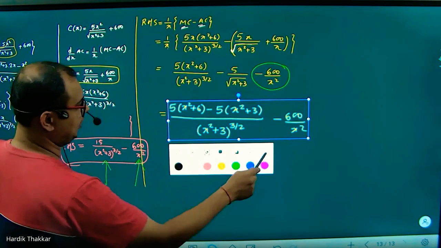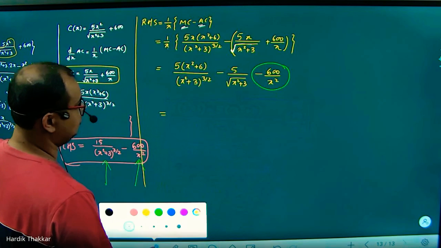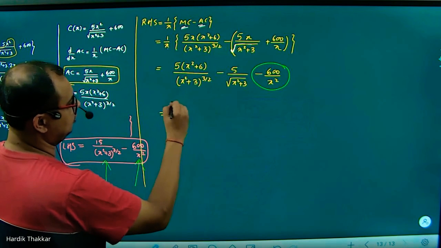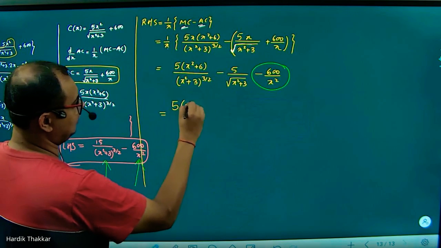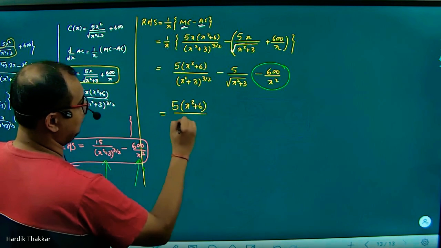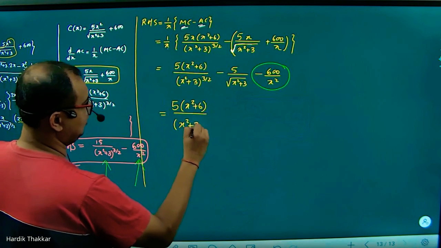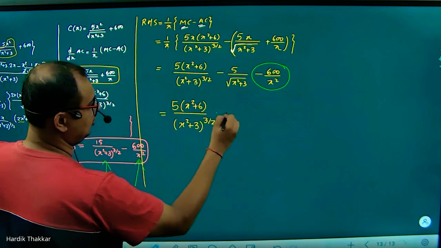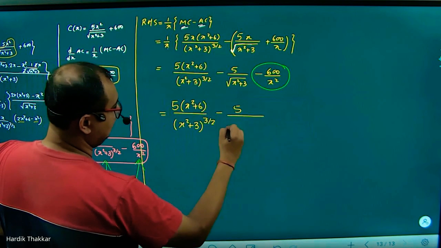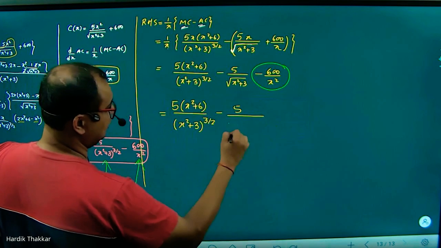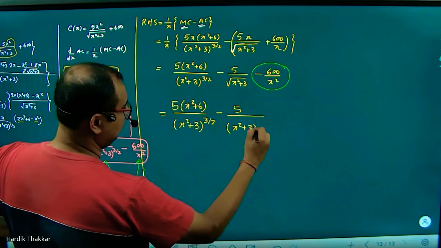Okay, just wait one minute. Another method I am explaining to you. So this part is clear: 5x square plus 6 divided by x square plus 3 whole raised to power this. Now in this part, actually, this is x square plus 3 whole raised to power 1 by 2.